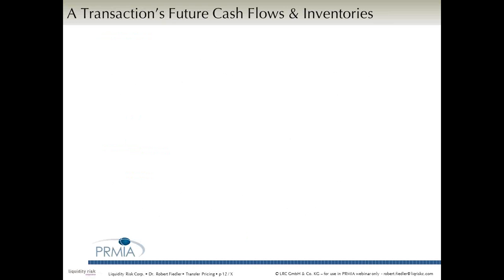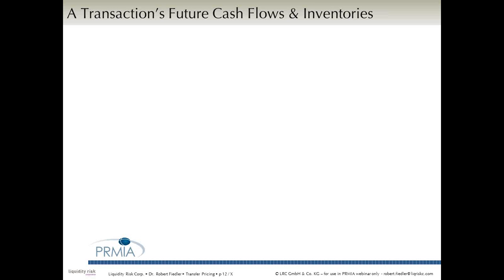So if I look at one transaction, I want to generate its future cash flows and cash inventories. Quite some people say that in order to do liquidity risk measurement, you just need the future cash flows. I do not fully agree with that, because if you, for example, would look into a portfolio of loans from a liquidity perspective, you would simply see that the loans are generating positive cash flows, but what you do not see is how much liquidity the loan portfolio has moved out of the bank.